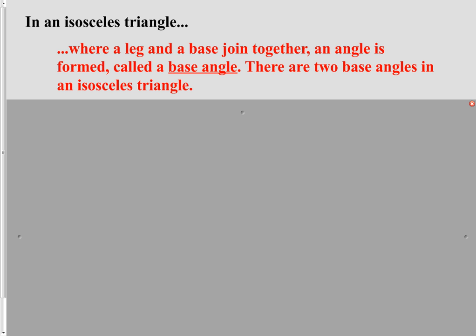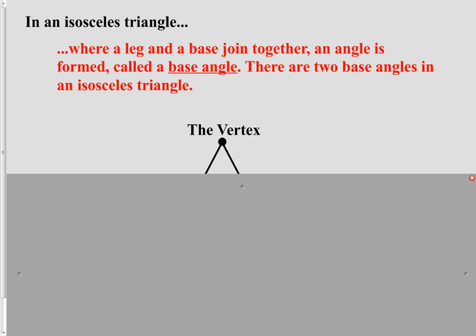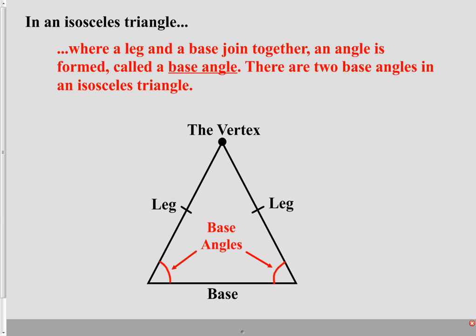So there are two of them in our isosceles triangle. And as you can guess, they are located in those positions. But let me warn you once again, okay, being base angles does not have anything to do whatsoever with being on the bottom of the triangle. Base angles can be anywhere as long as they are connected to wherever the base is.